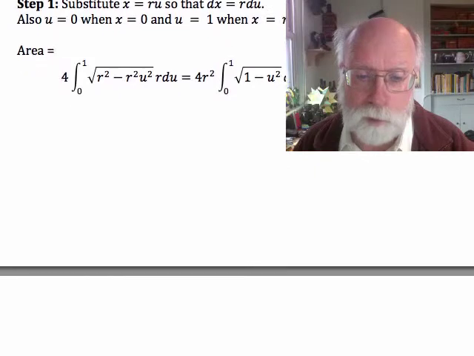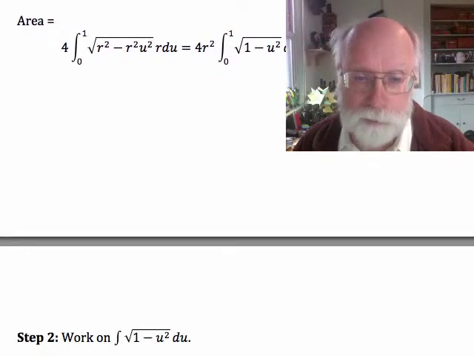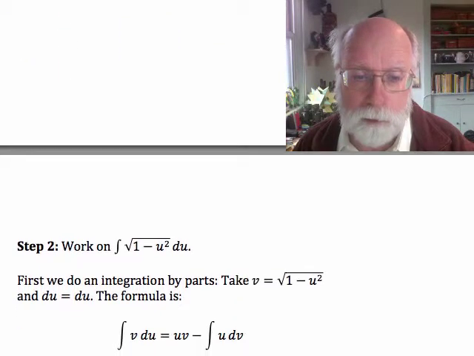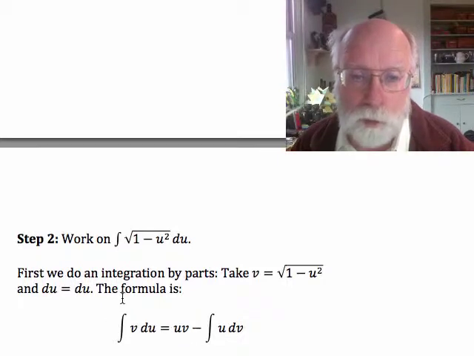All right, step 2. We actually have to work on this integral. So we're going to do an integration by parts to get this integral. We'll take v equal to the square root of 1 minus u squared, and we'll take dU equal to du. Recall the integration by parts formula.